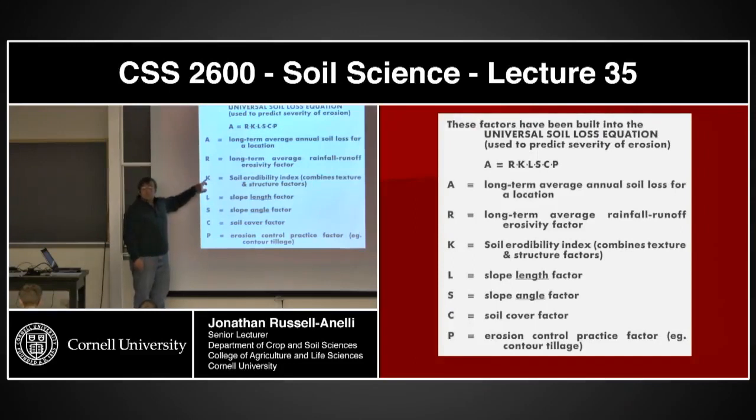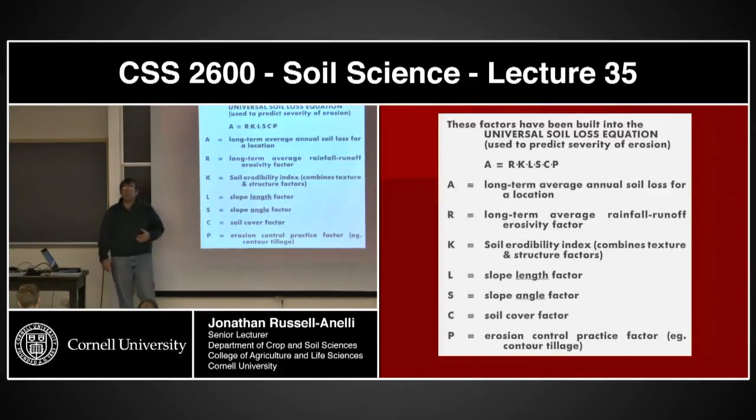K is the soil's erodibility. Okay? You can think of certain textures, if it's a sand versus a silt versus a clay, if it has gravel in it. You can certainly imagine those different types of materials have different resistance to water moving them. L is the length of the slope that the water is moving on. S is the slope angle.